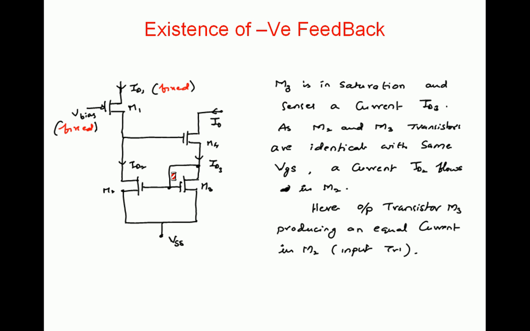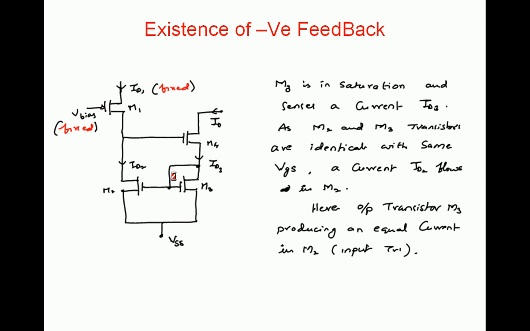I0 is the current flowing in M4 and M3. We name the currents flowing through each transistor ID3, ID2, ID1, I0. Simply I0 is equal to ID3.